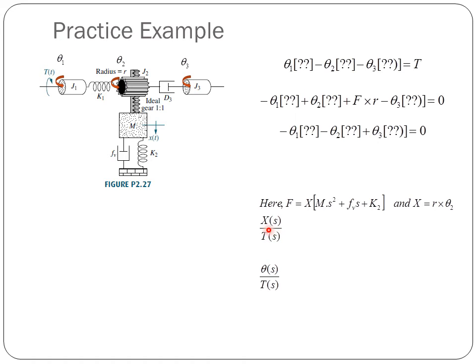In that case, you first have to solve for theta 2. For example, you can solve theta 2 from these 3 equations using Cramer's rule, and then convert theta 2 into x by this relation, okay, then you can find x by T. And if you need to find any of these thetas by T, it can be theta 2, it can be theta 3, anything you can find directly from these equations, okay.